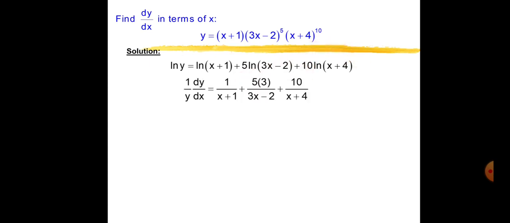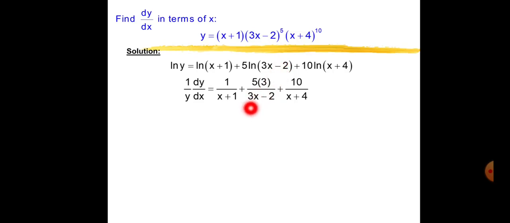Now find the derivative. The derivative of ln y equals y prime over y, or you can write 1 over y times y prime, and this is y prime, dy dx. ln of x plus 1 gives 1 over x plus 1 times the derivative of what's inside, which is 1. Then 5 times ln of 3x minus 2. The derivative of ln u equals u prime over u.